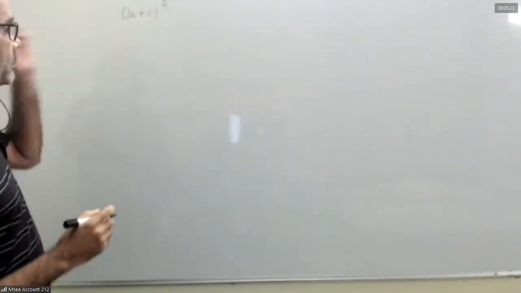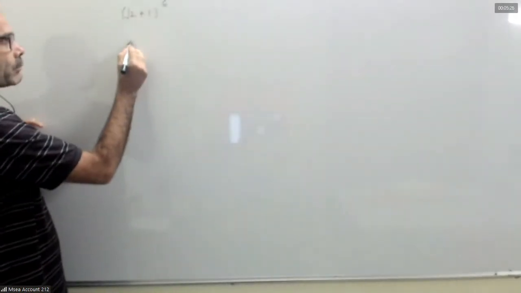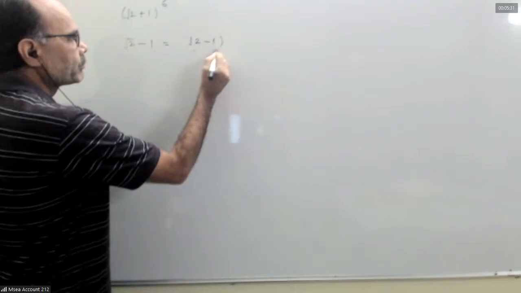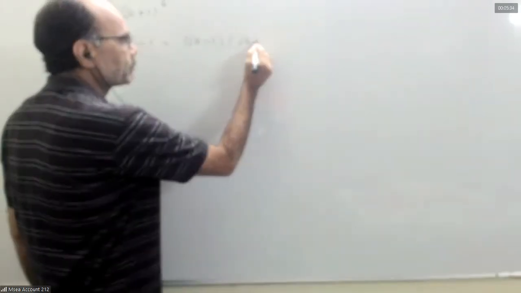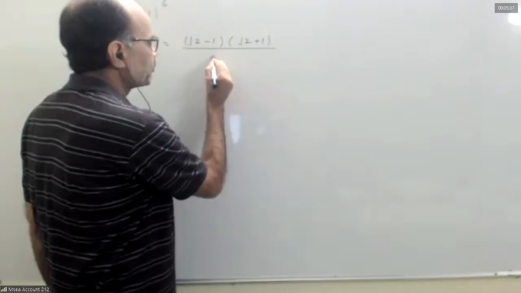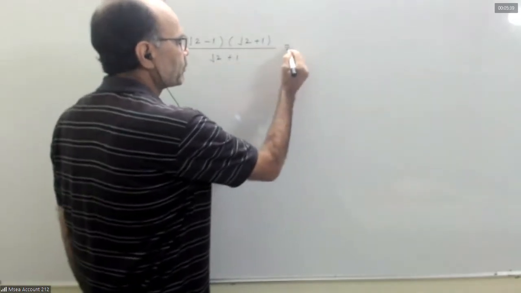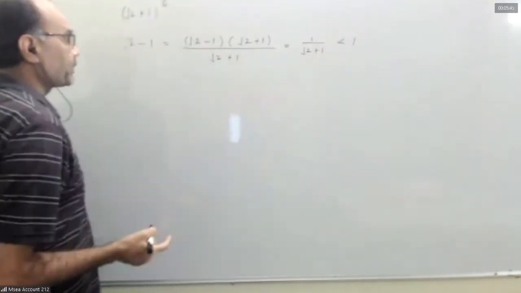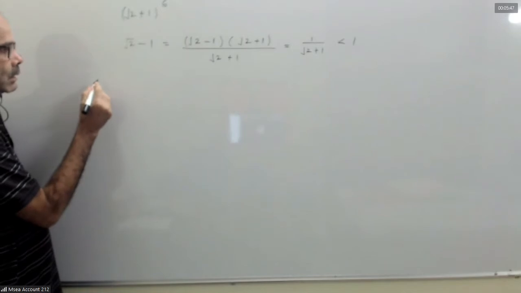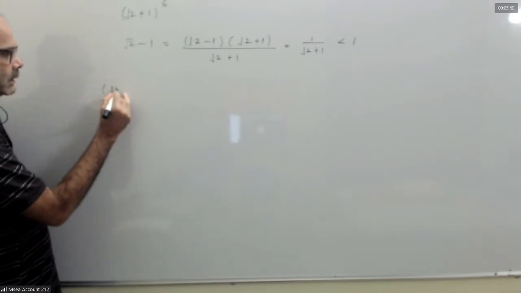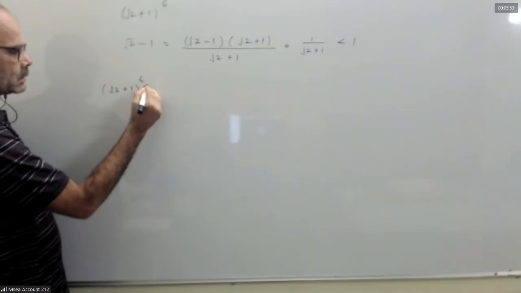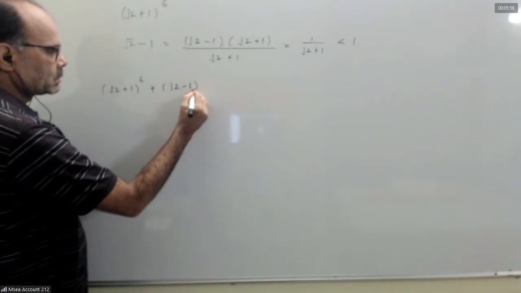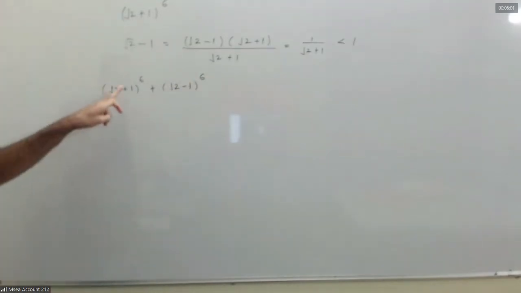The same way we start with root 2 minus 1, the proper fraction. Now consider the first term to the power 6, a rational term.